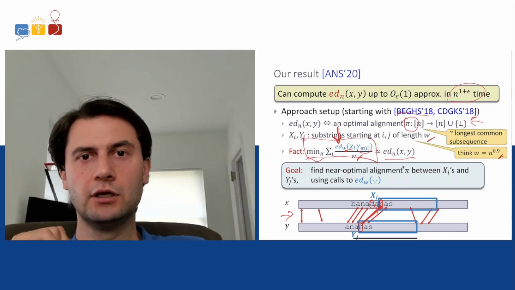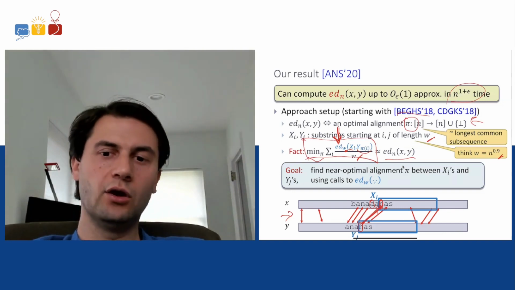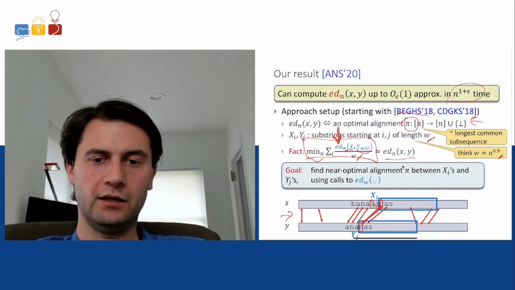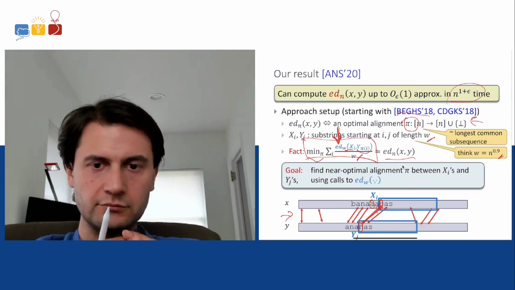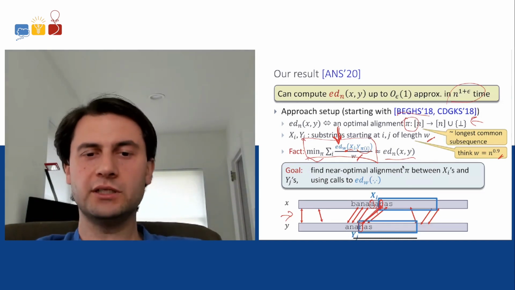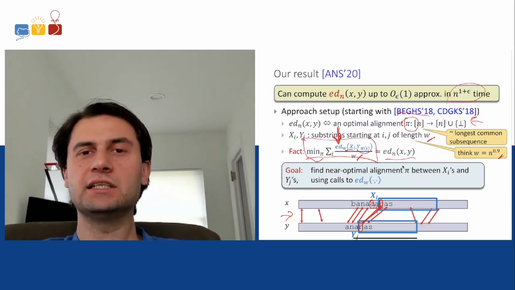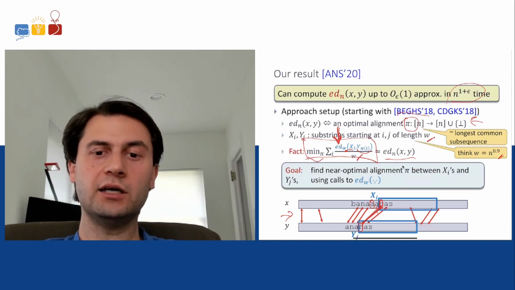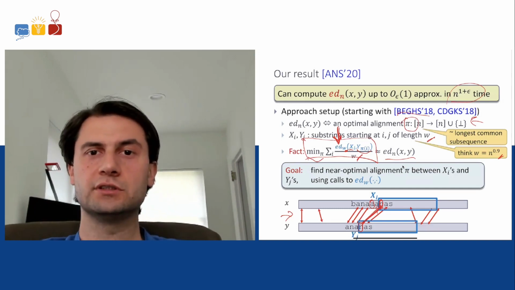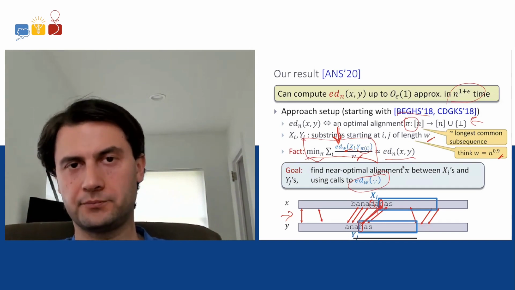So think about the simpler question: we want to minimize this alignment cost, but the only thing that counts as cost is the number of times we compute the distance between strings of length w.